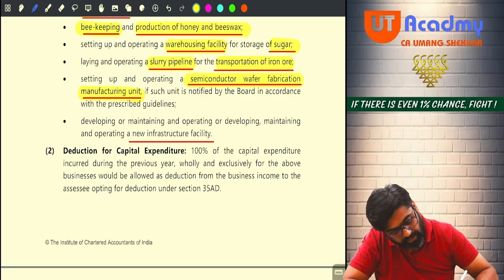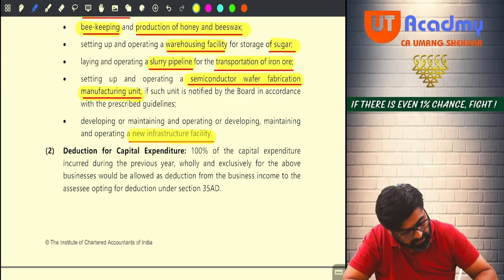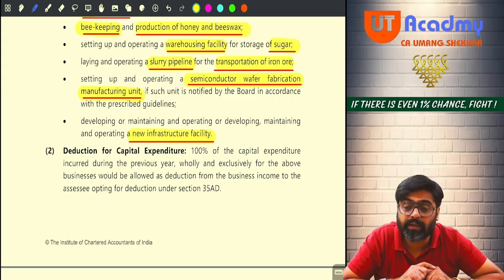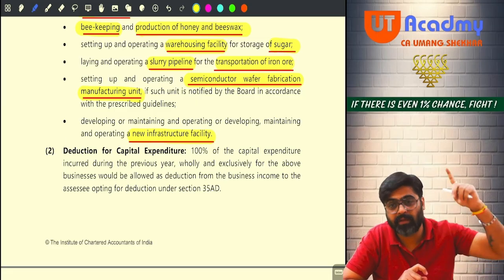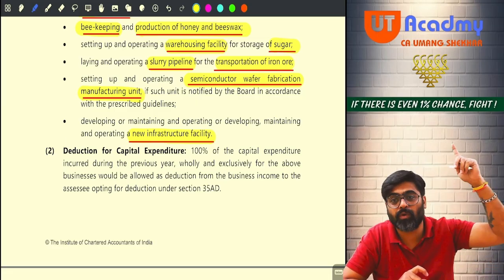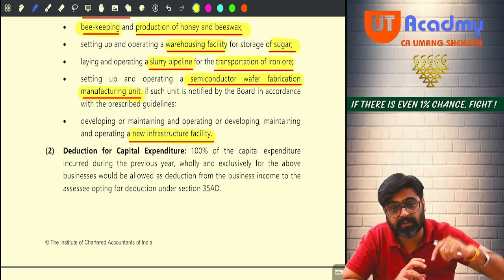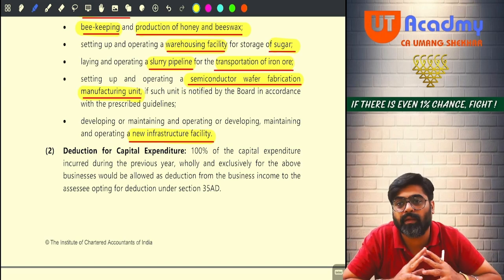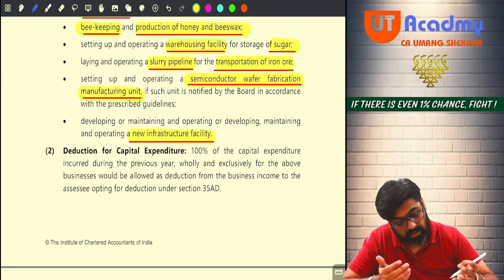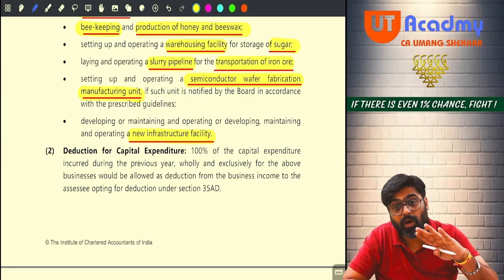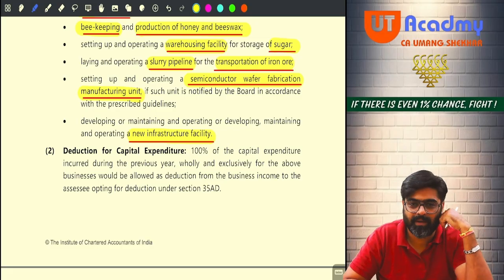Then you are in the business of developing, maintaining and operating a new infrastructure facility. You are constructing highways, developing highways, metros, any new infrastructure facility you are developing, or you are maintaining, or you are operating, or you are developing, maintaining and operating.